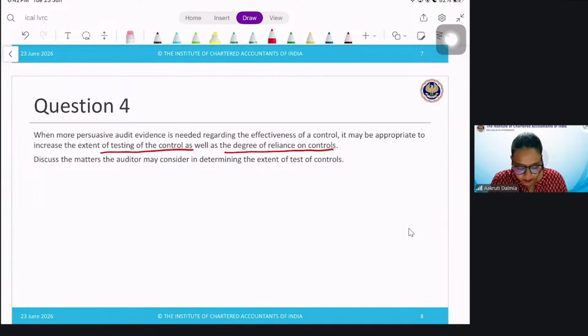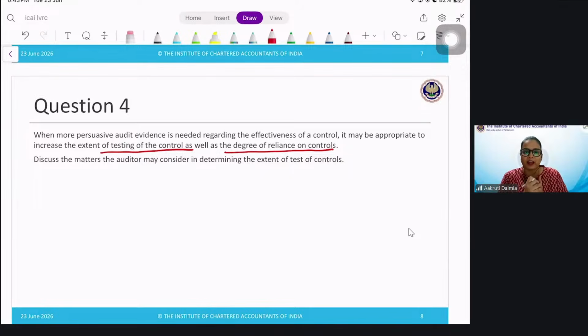Discuss the matters that the auditor may consider in determining the extent of controls. First, tell me quickly, type 1, type 2, type 3. Quickly, quickly. More persuasive evidence is needed. Then you have to increase the testing. Discuss the matters that the auditor may consider.